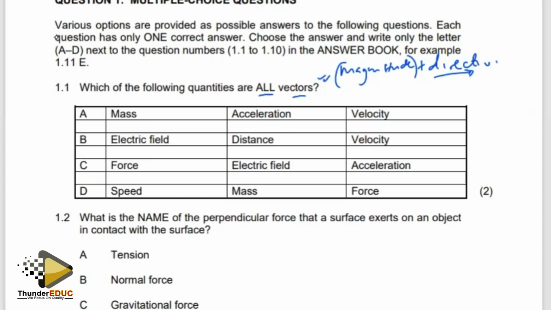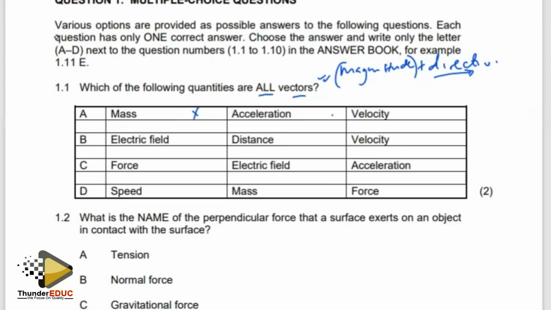So when we look at mass, remember we said we start with the elimination approach. Mass is not a vector, so the whole option goes, even if velocity and acceleration are vectors. Mass kills that option.